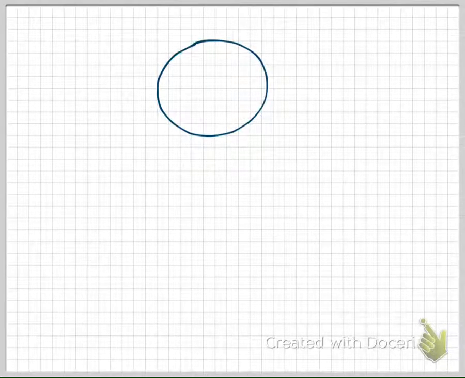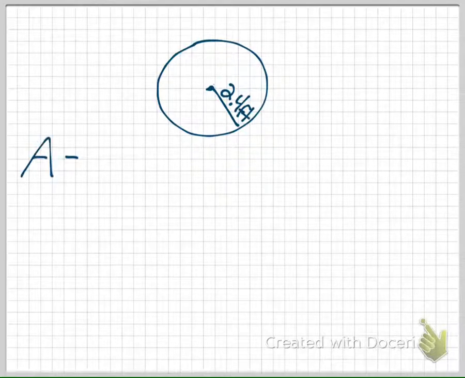Let's try another one. Give me the area, please. Here we go. What's the formula for finding the area of a circle, Brad?